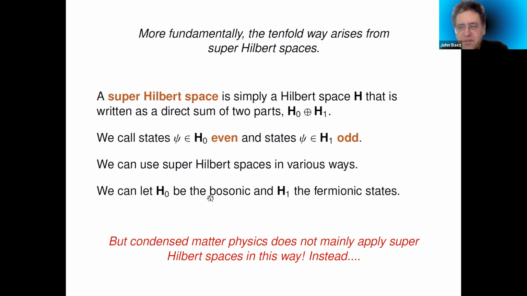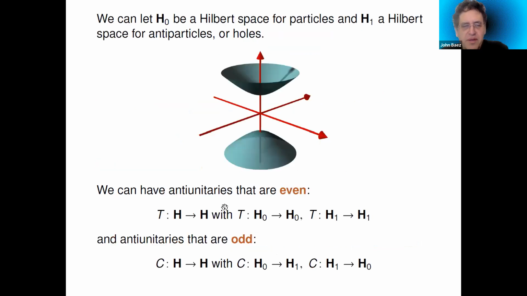But a very interesting thing is that condensed matter physics doesn't mainly use super Hilbert spaces that way. In fact, I think they almost never do. They may not call them super Hilbert spaces, but what they would often do is let one of these summands be a Hilbert space for particles and the other be a Hilbert space for antiparticles.